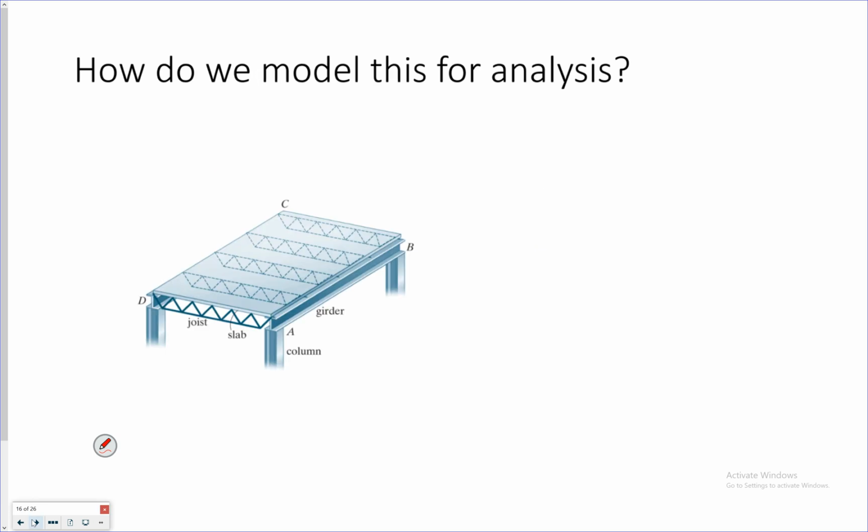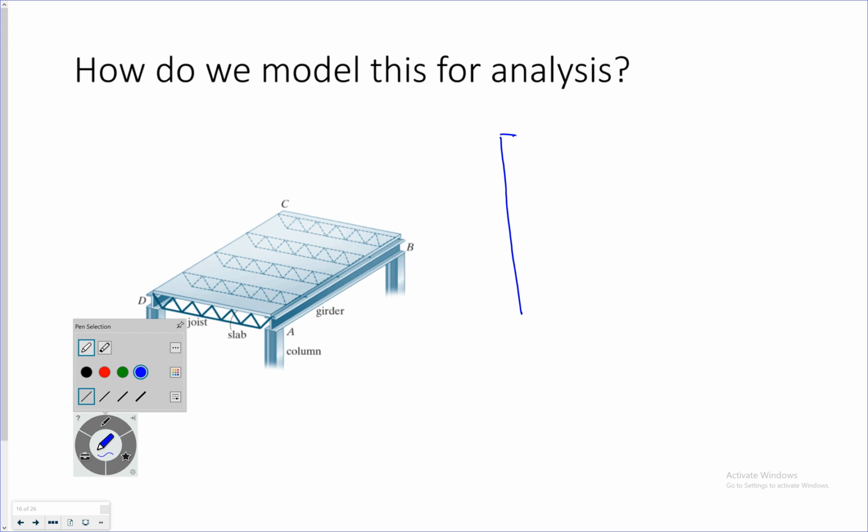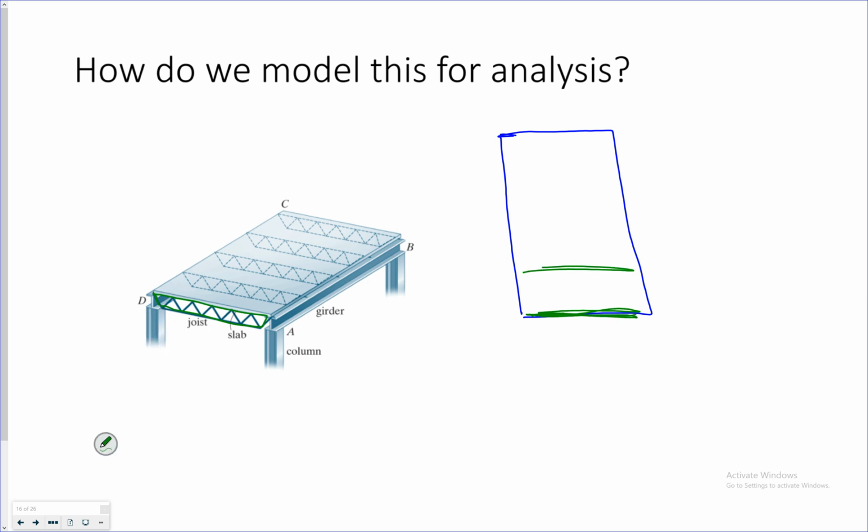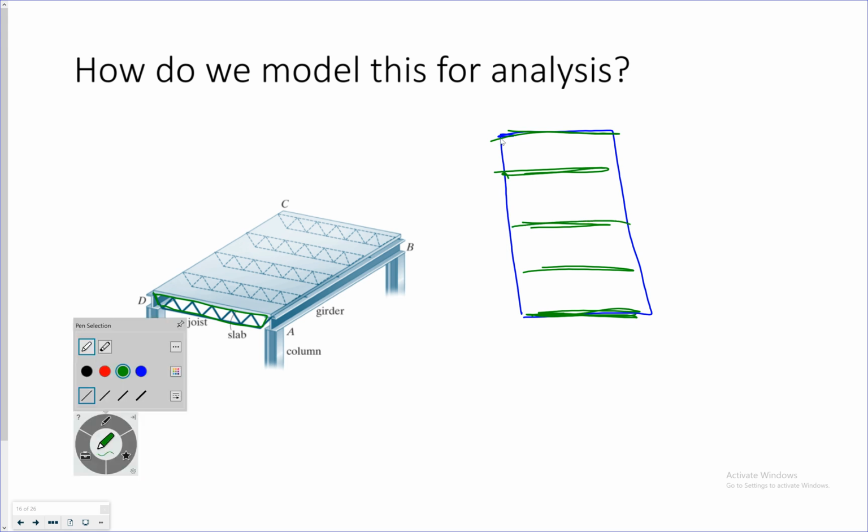Similarly, if I look at a slab across some girders, if I look at it in plan, here's my slab. I've got some joists. The joists I can say are like a beam, they're acting as a beam, so I can make my joists a line. My girders, this is the girder that the joist rests on, it's just a big beam. Okay, there's a line.